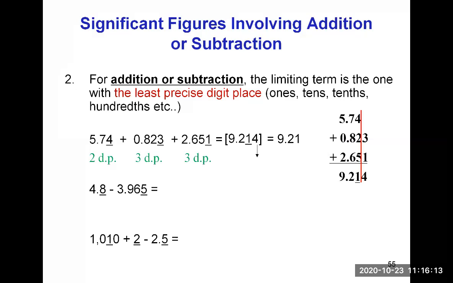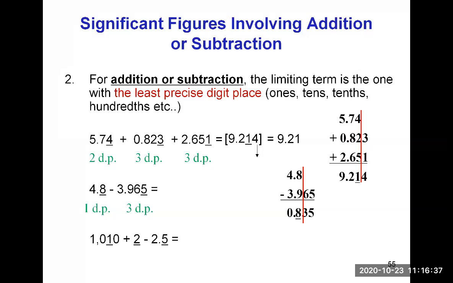Next example. We have 1 decimal place in the first measurement, 3 decimal places in the next. Let's align them, and you see when you align them that indeed you need to go all the way to 1 decimal place, to the least precise digit place.